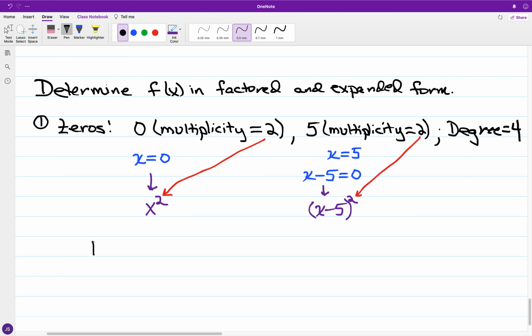So for what we have in factored form, we have f of x is equal to x squared times the quantity x minus 5 raised to the second.